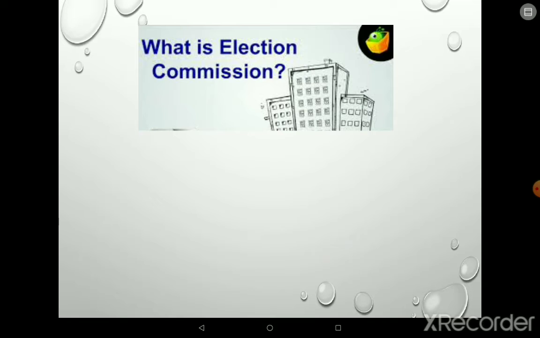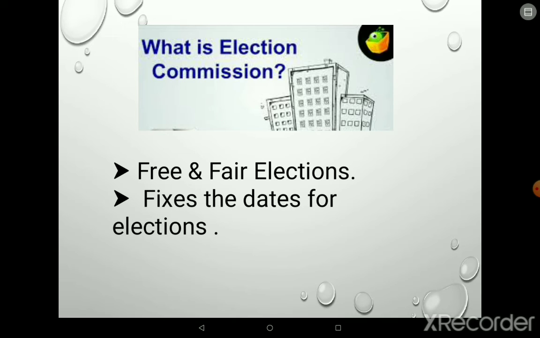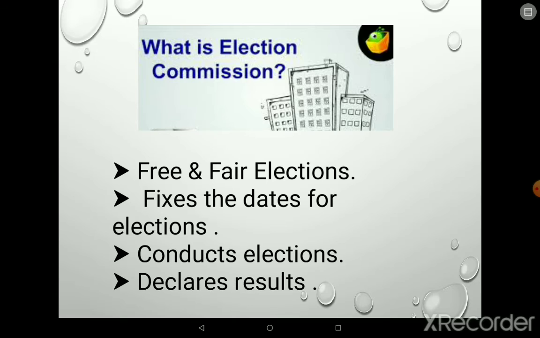The election commission in India has been set up to hold free and fair elections in the country, and it fixes the dates for the elections. Means when the elections will happen, what time, what date, all these things are checked by the election commission. Then they also see whether the elections are conducting properly or not. Then they declare the results also after the counting of the votes casted by the people.